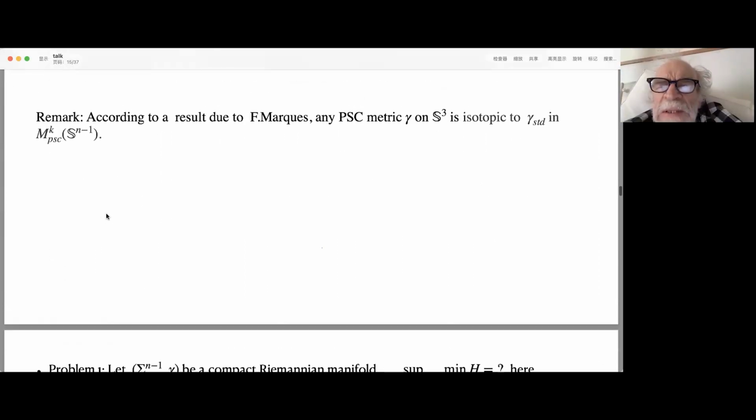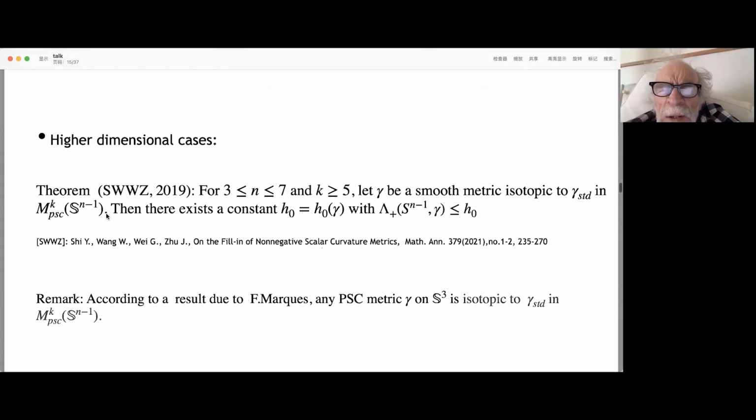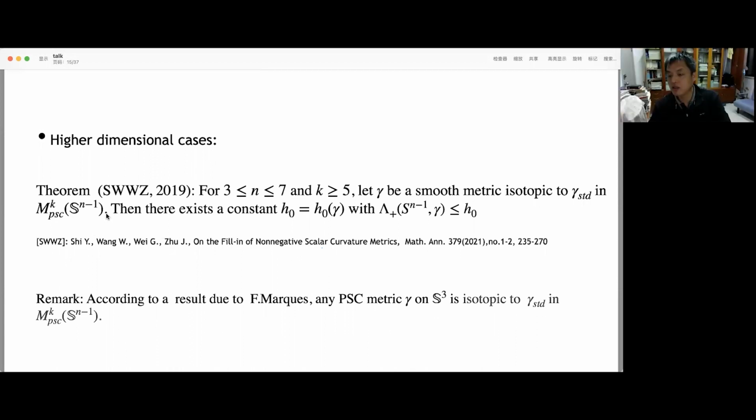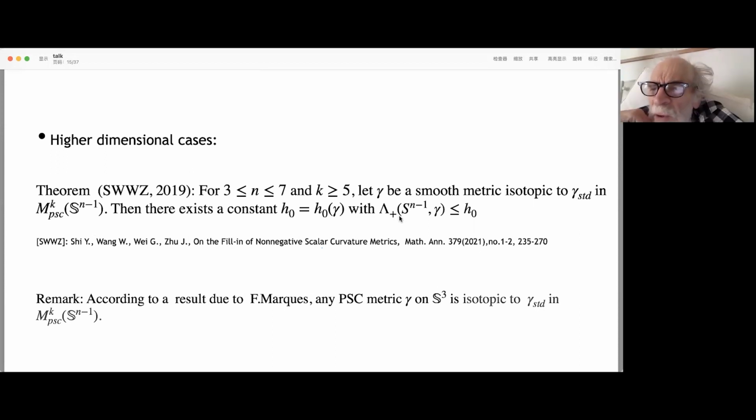So remind me, just again, this lambda plus, I've forgotten. Plus means you allow not positive, or do you insist on positivity of the mean curvature? I forgot. Yes, the definition was too fast. For lambda plus we need the positivity of mean curvature. Positive mean curvature.